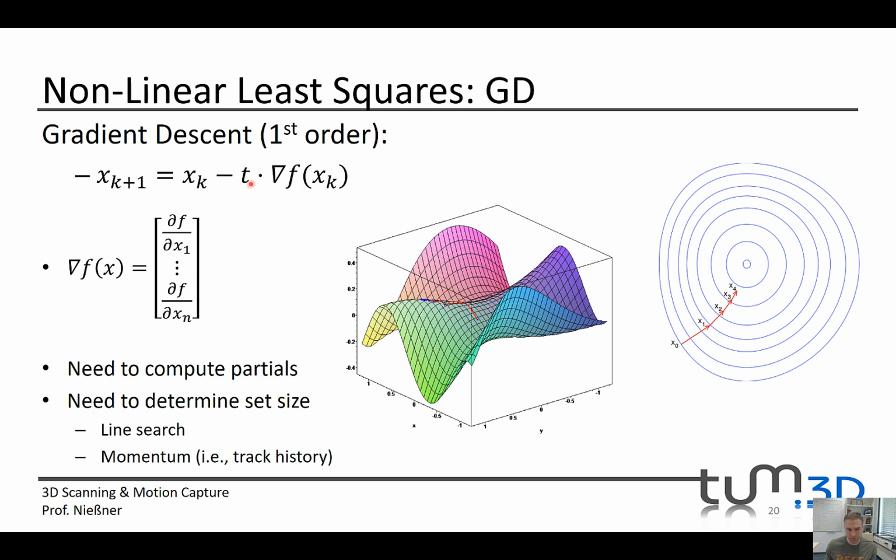And the second thing we have to do is determine this step size. Sorry, the typo, this has to be step size. This is not a set size, this is step size. And there's a couple of ways to do this properly, actually. Line search is one thing. So with line search, you're assuming you have a fixed gradient given. You're assuming that locally my function is linear.